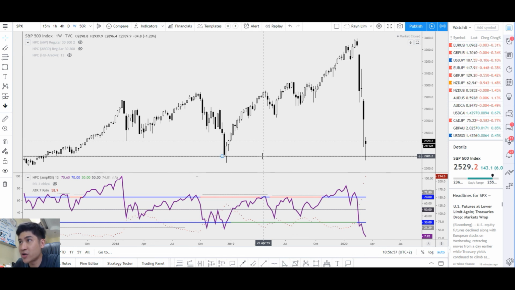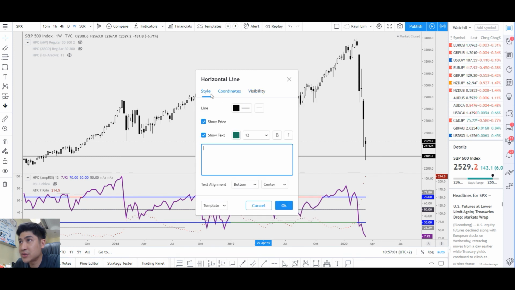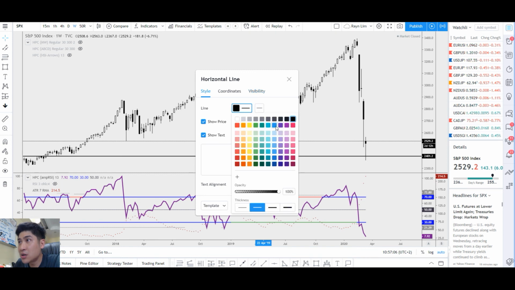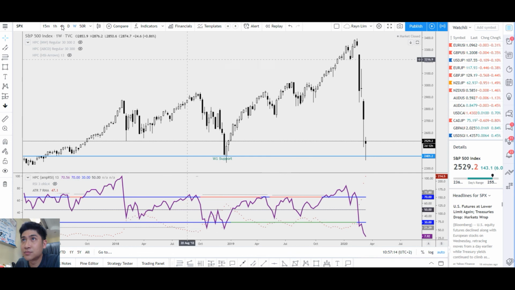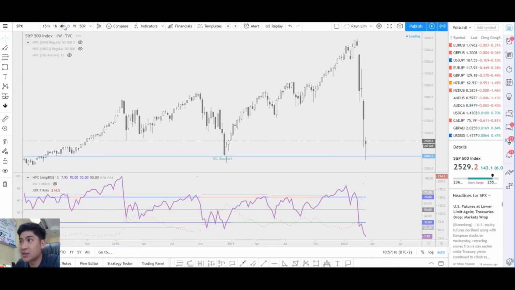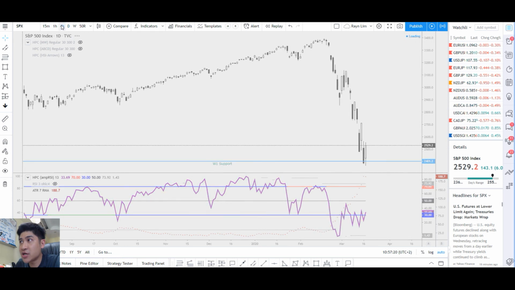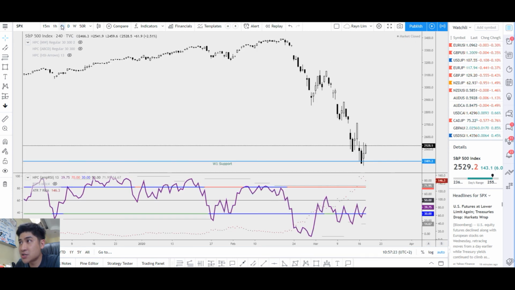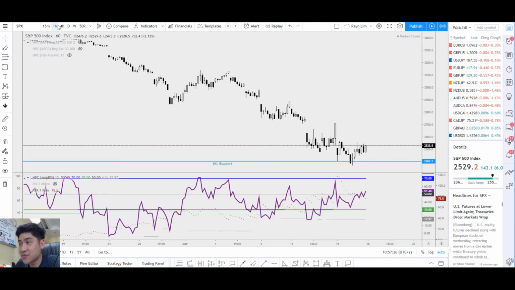I'll draw a horizontal line over here first, and because it is a support level, I'll color it blue. Weekly support. Daily chart, nothing much. 4-hour chart, nothing much. 1-hour chart, nothing much.